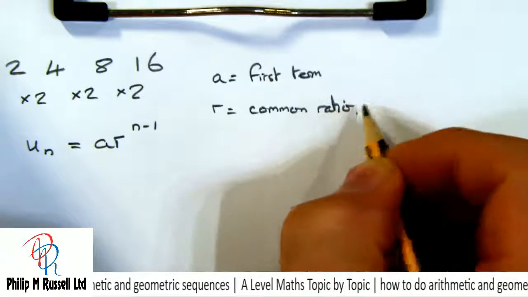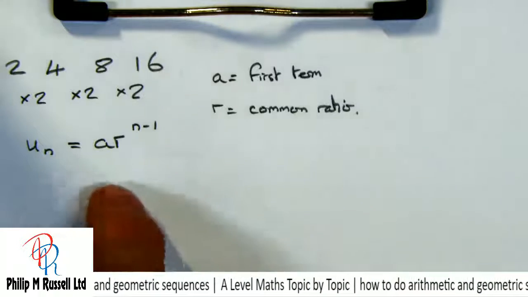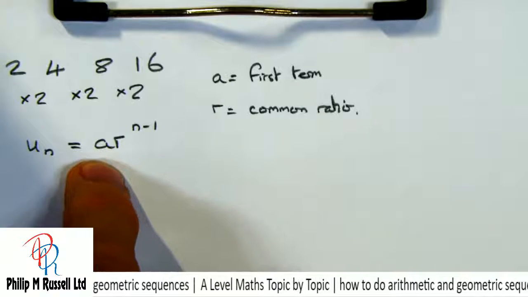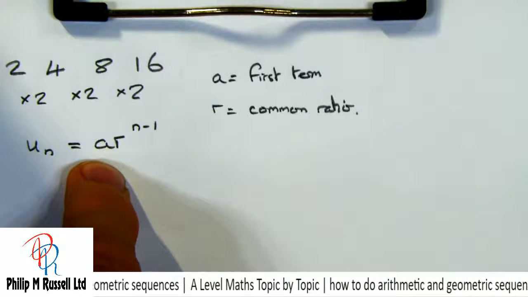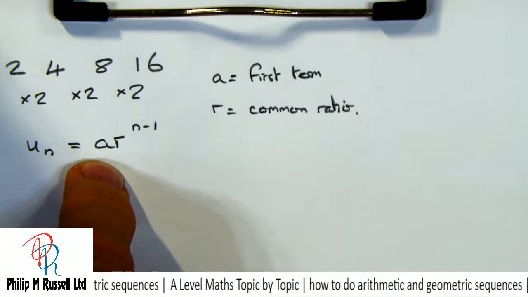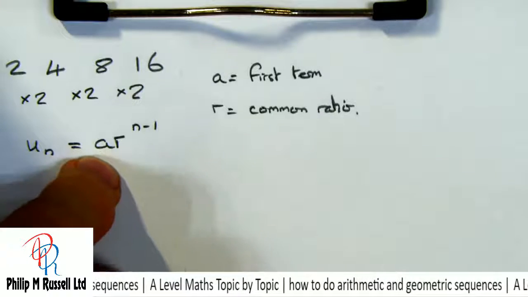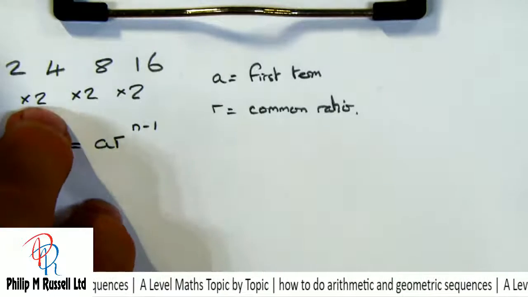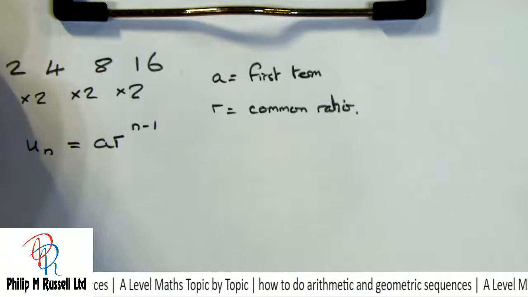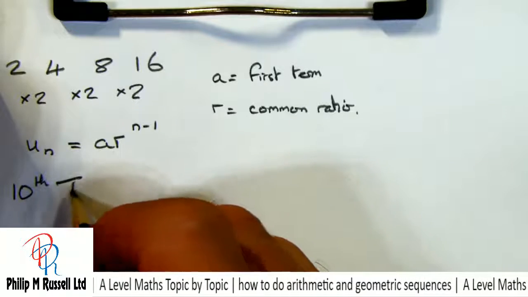At GCSE, these always seemed very much harder because normally you weren't given this formula to work things out. And once you've been given this formula, then things are so much easier. So let's have this sequence and see if we can work out perhaps the 10th term.